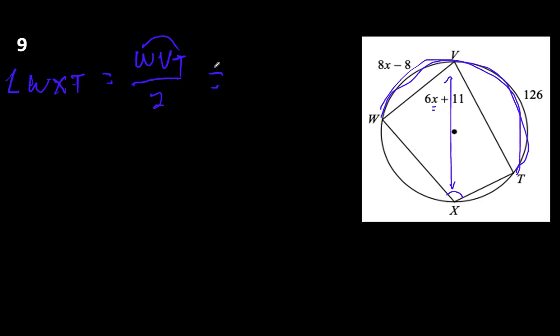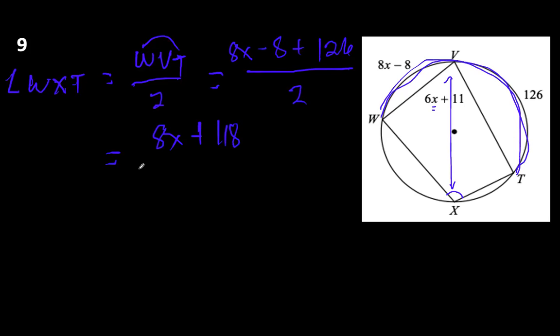So we have WVT is equal to 8x minus 8 plus 126 divided by 2. So this becomes 8x plus 118. Am I right? Yeah, 118 over 2. So 4x plus 59 is equal to the angle WXT.